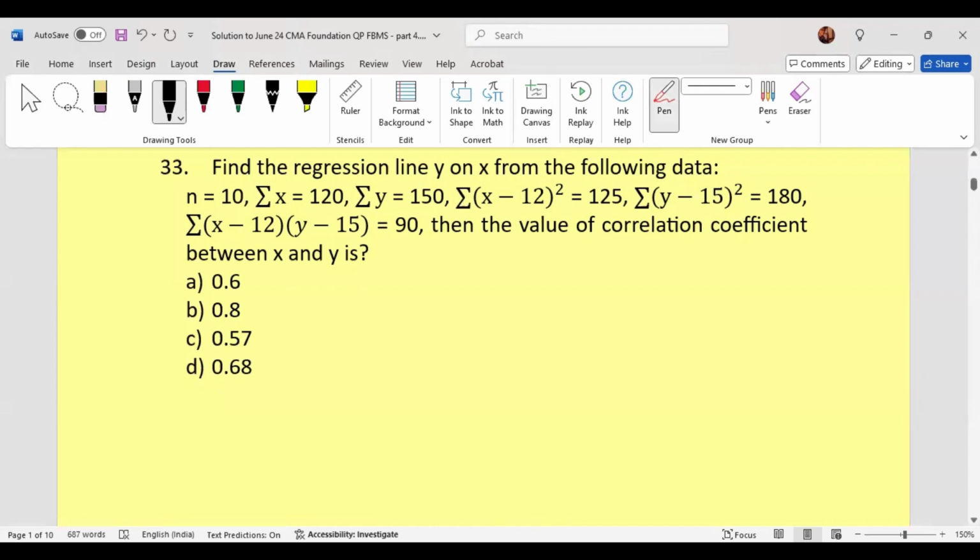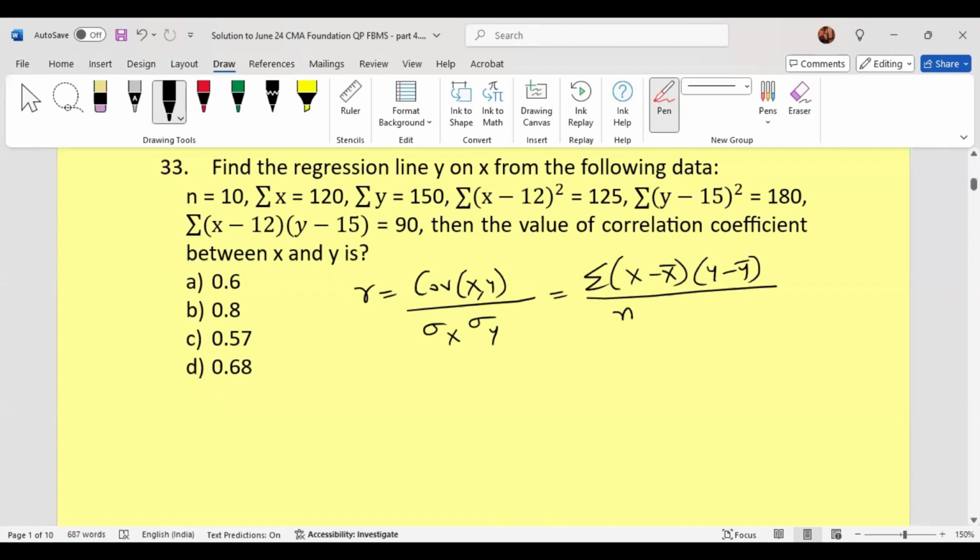So first of all, for correlation, we have covariance of x comma y divided by standard deviation of x, standard deviation of y. Covariance is summation of x minus x bar into y minus y bar divided by n, and then standard deviation of x, standard deviation of y.